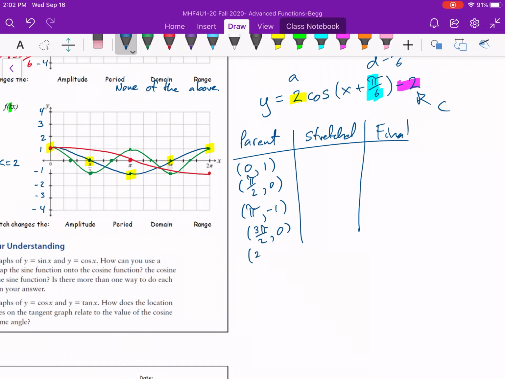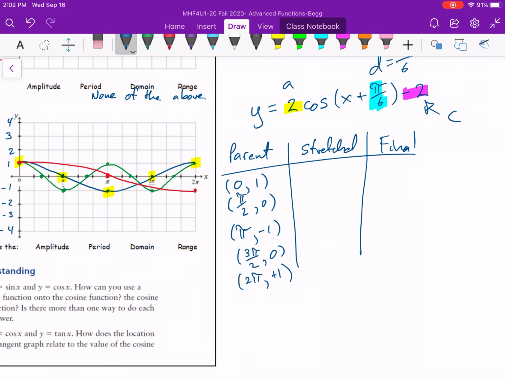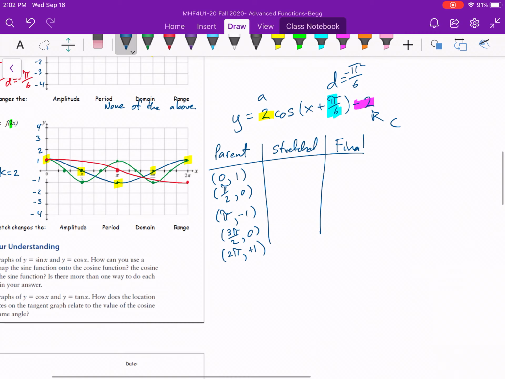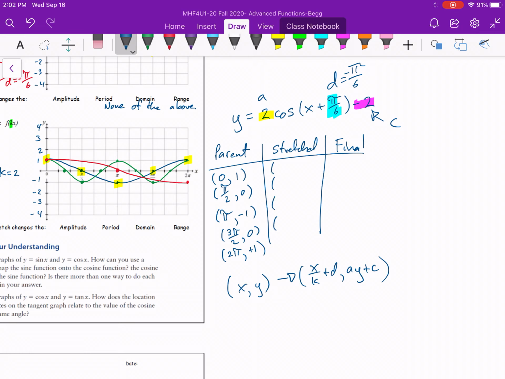And 2 pi, 1. Okay, k value. As we said, there's no k value. So if I'm using the mapping formula, which was (x, y) maps onto (x over k plus d, ay plus c), then there's nothing to divide by. All my x's are going to stay the same for the first step.